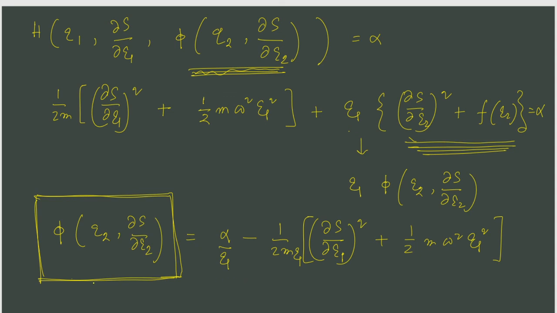Then you will see for the theta coordinate, you will get a function phi involving theta and del w del theta, or del s del theta, and that is equal to a constant which is not the energy corresponding to the theta coordinate, it is more like an angular momentum, which we find to be constant. So we have to keep in mind that if we have separation of this kind, then too it is a constant.